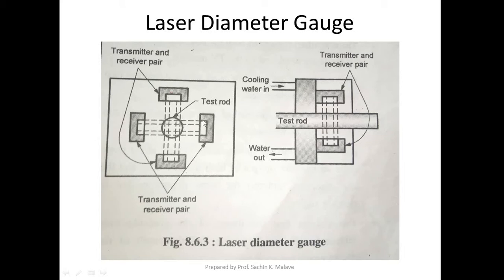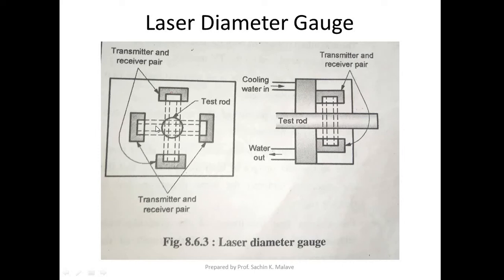So depending upon the amount of light received by the receiver, we can easily calibrate the amount of light available at the receiver end with the size of the object. That means the output of the detector, that is the receiver, is calibrated to indicate the diameter of the rod.